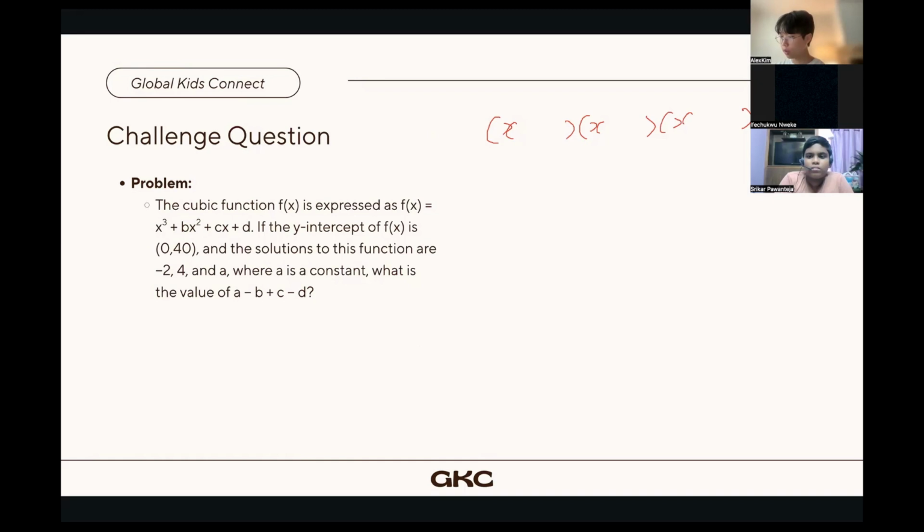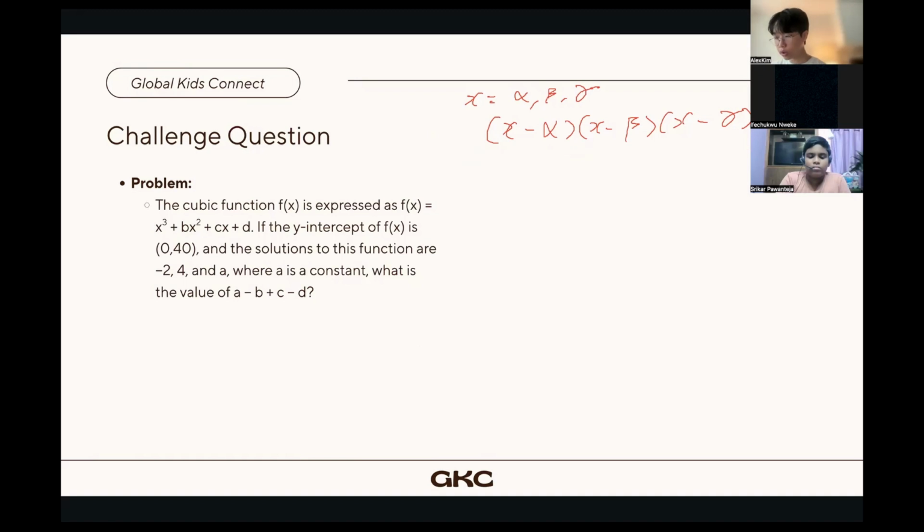Before we do that, let's say our roots are as such. For example, if our roots were alpha, beta, and gamma, then we can write the factored version of the polynomial as such, like we did here.